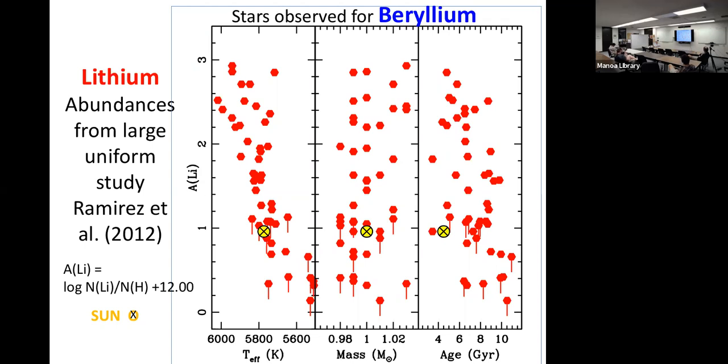And the next panel shows the distribution of mass. You see, we really tried to have them be within 2% of the solar mass. And the third panel is for their age. So most of our sample is a little bit older than the sun, but we tried to have them as close to the sun as we could.